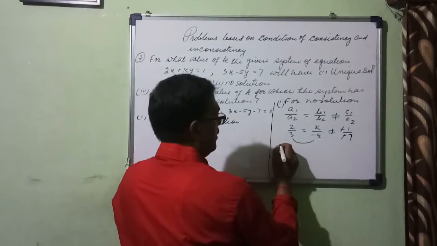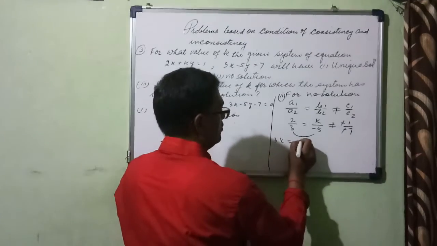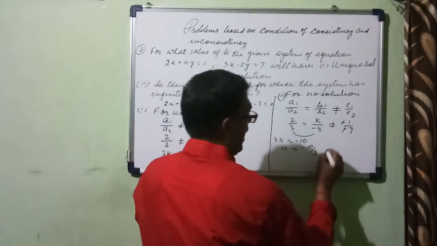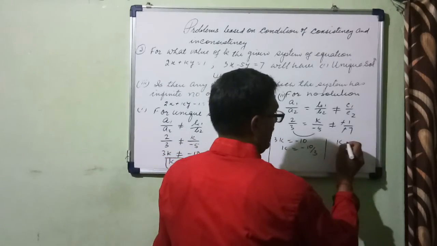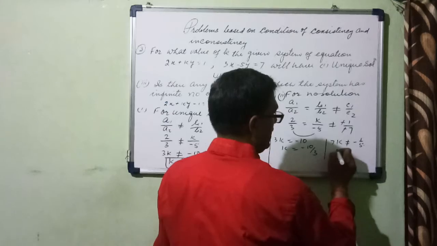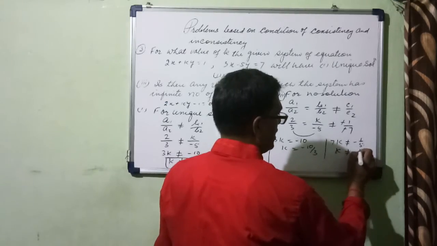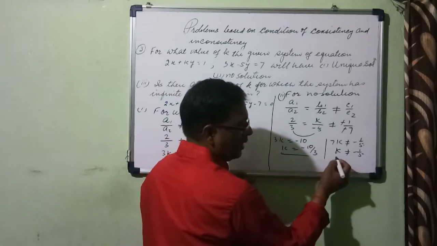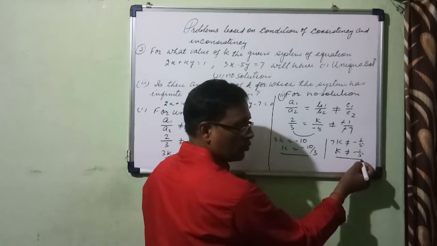So 3k is equal to minus 10, k is equal to minus 10 by 3, and then 7k is not equal to minus 1 by 5, so k is not equal to minus 1 by 5. So you notice here k is this much and k is not equal to minus 1 by 5.